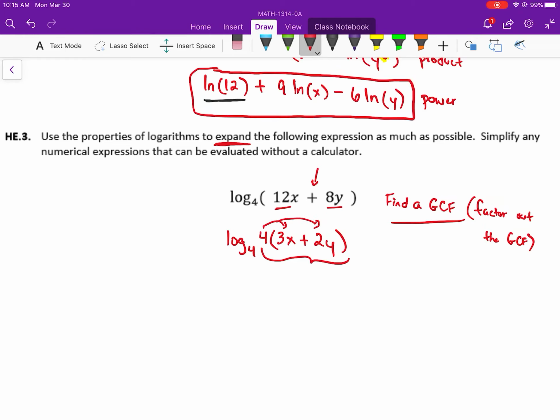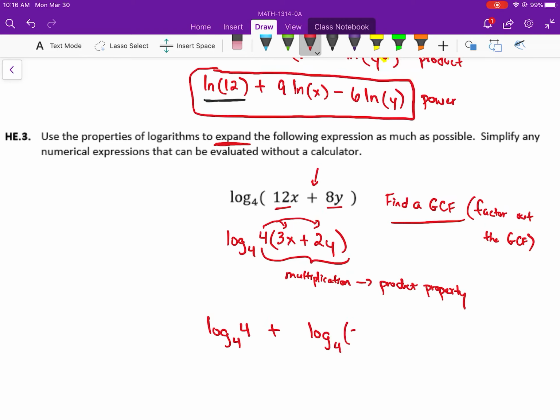Now, with this showing multiplication, because that's 4 times 3x and 4 times 2y, if we were to distribute that back in there, we'd get exactly what my original statement looked like, okay? This is multiplication. And since this is multiplication, now I can use the product property to expand this out, okay?